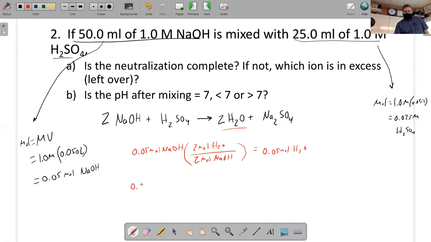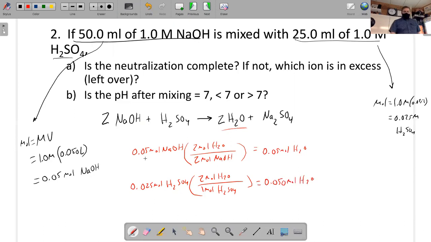So we had 0.025 mole of, I'm sorry, this is sulfuric acid, H2SO4. And in the equation, for every 1 H2SO4, you get 2 moles of water. So that is also 0.05 mole of water.